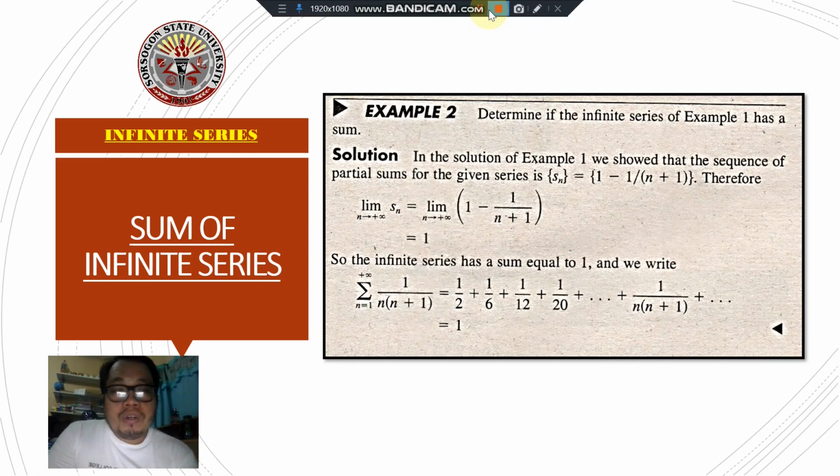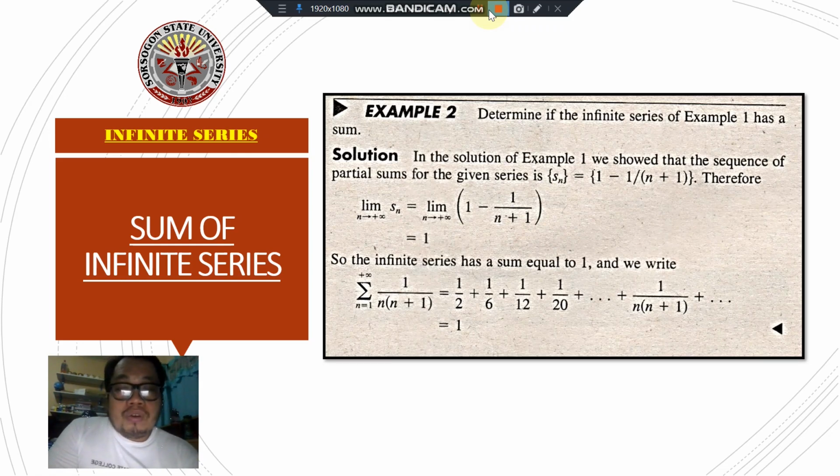So we write the summation of 1 over n times the quantity n plus 1, where n equals 1 to positive infinity, and that is equal to 1 half plus 1 over 6 plus 1 over 12 up to 1 over n times the quantity n plus 1, then plus up to infinity, which is equal to 1.